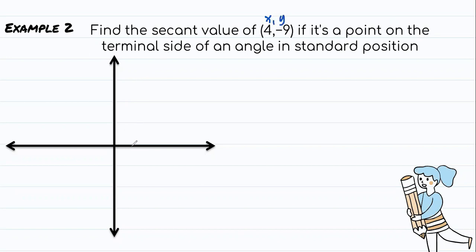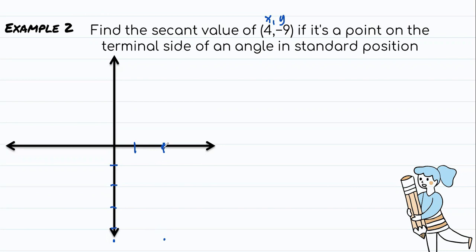So our x is 4, so this is our 4, and we have negative 9, so we have 2, 4, 6, 8, and let's have 9 here.